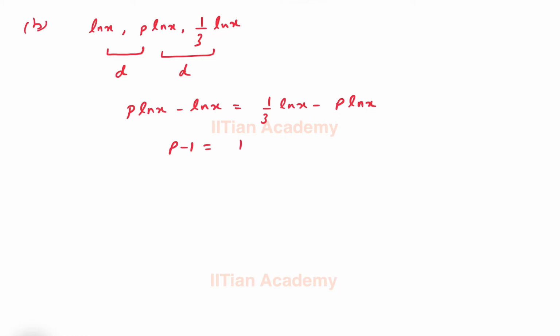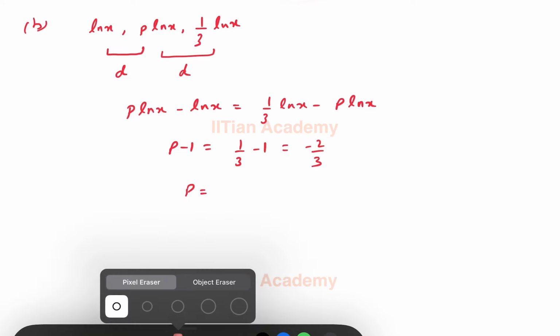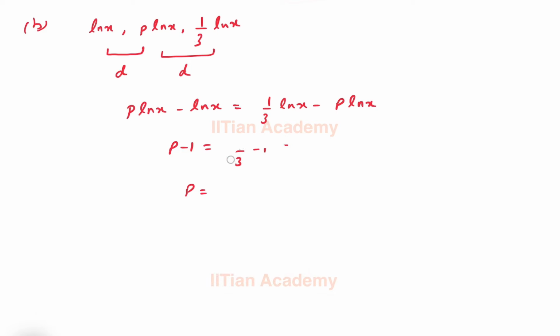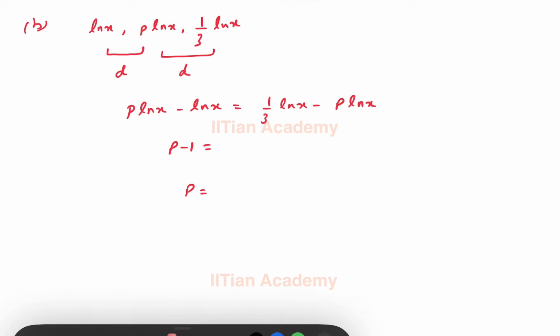So we can again remove natural log of x, and then p minus 1 equals 1 by 3 minus 1, which is minus 2 by 3. So p equals, there is some correction here.